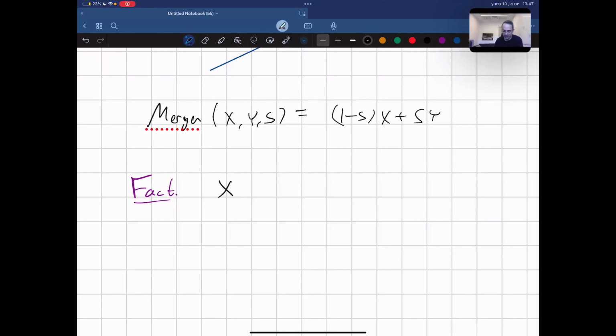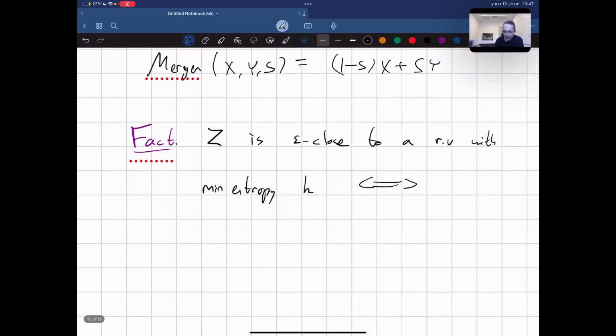Any random variable Z, not our X, is epsilon close to a random variable with min-entropy k if and only if, and I'm going to cheat a little bit, for any set B where Z lives, say in {0,1}^n or F_q^L, that's not too large, as large as 2^k, the probability that Z is in B is at most epsilon.